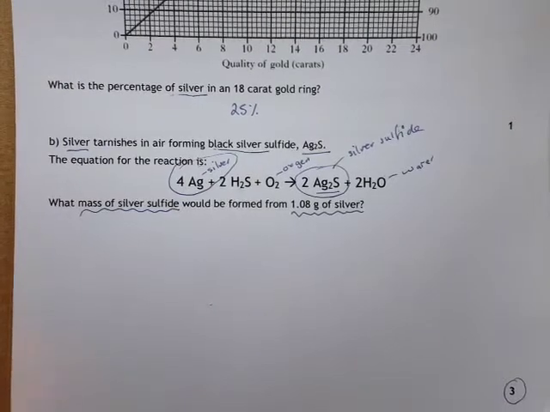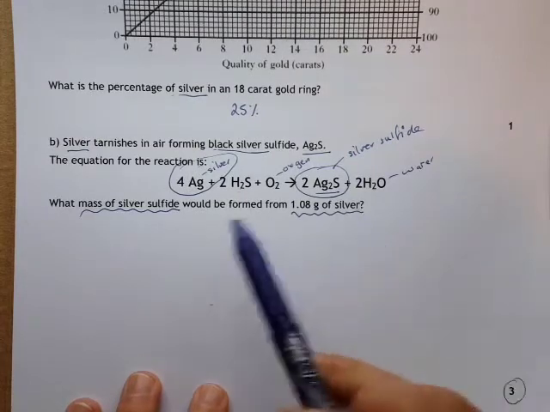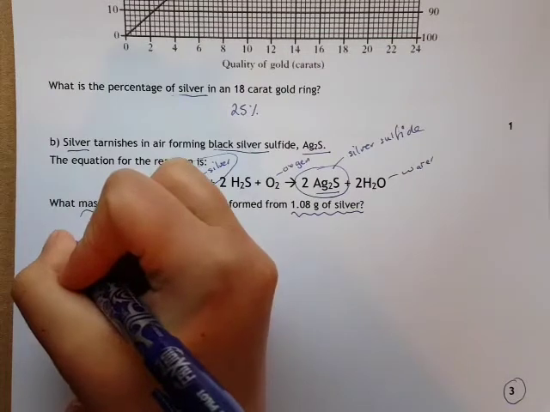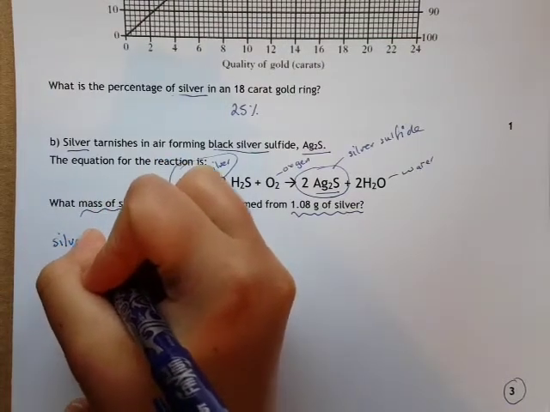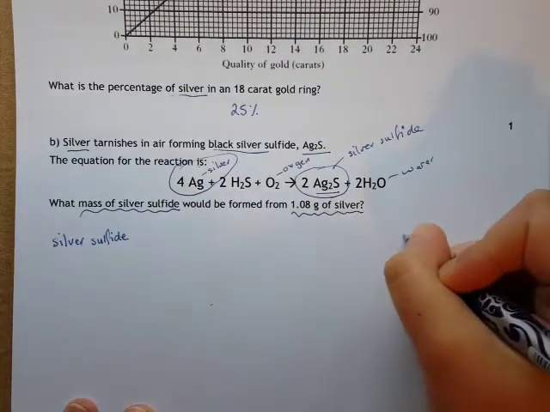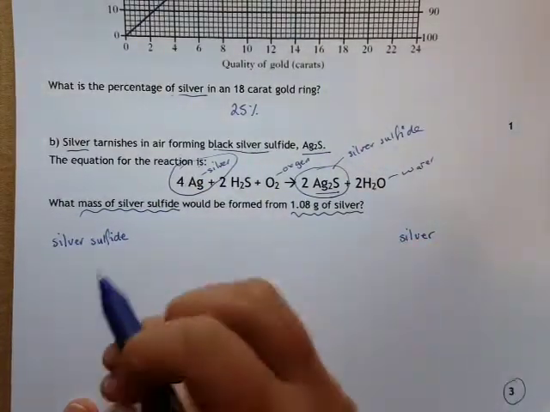And then you've got to think about what is it asking and what information is it giving. So I would write out a data column for both of the different substances. So I would always write the name of the substance, silver sulfide, and then I would write silver over here. Okay, so what is it asking about?